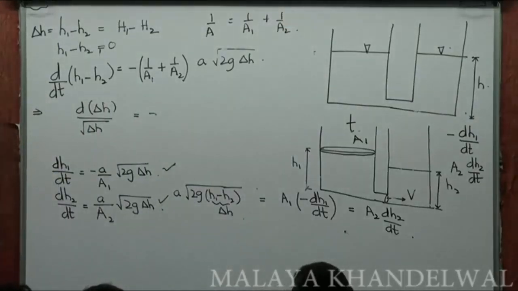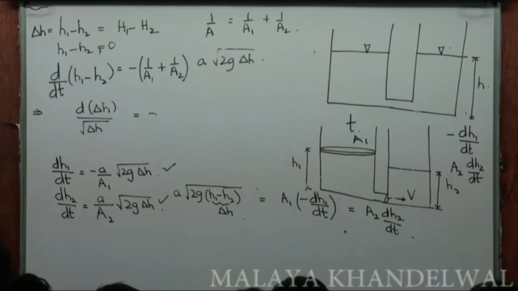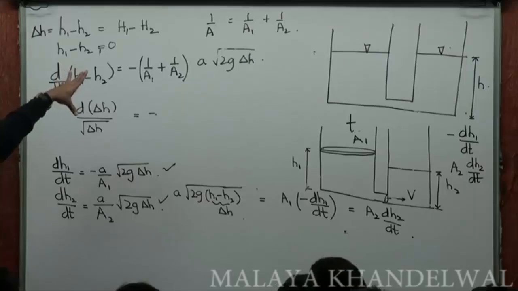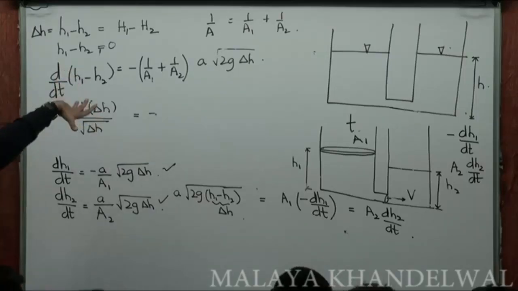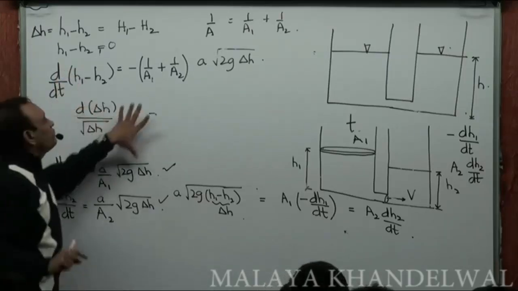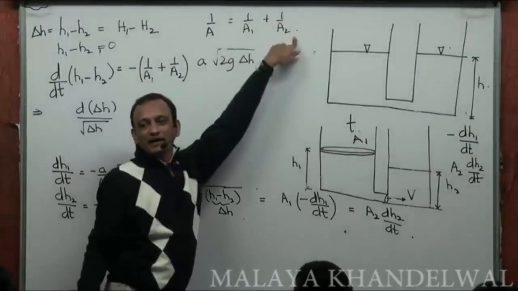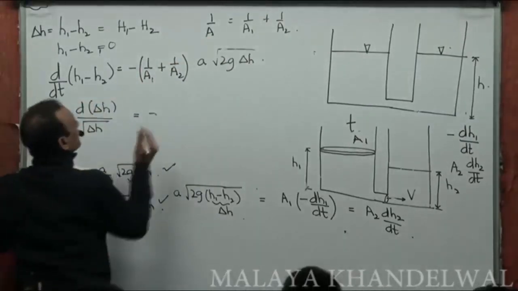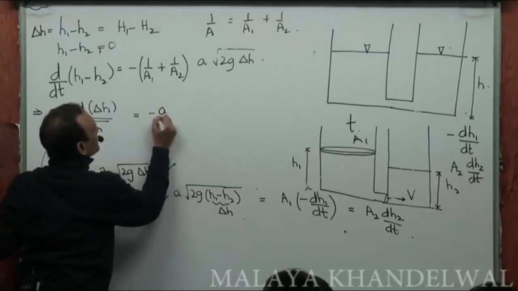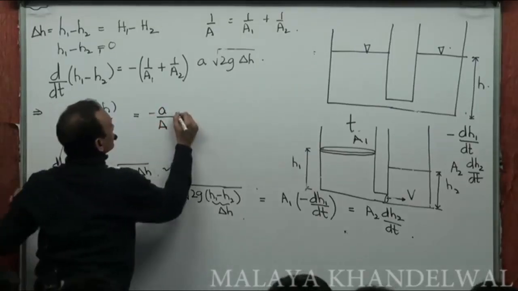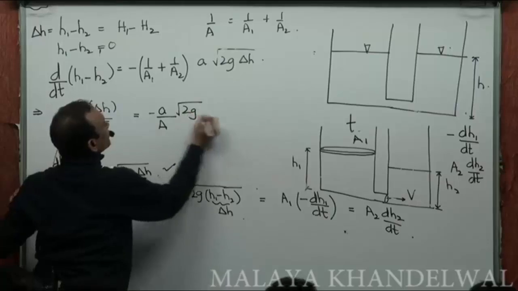Like we have reduced mass, you can call it reduced area only for internal consumption. Like reduced mass, we had 1/m is 1/m1 plus 1/m2. Nobody calls it reduced area. Only in-house we'll call it reduced area, small a, capital A, right? So only for algebraic simplicity, to avoid clutter, I'll write 1/A as 1/A1 plus 1/A2. So minus small a by capital A root 2g dt.